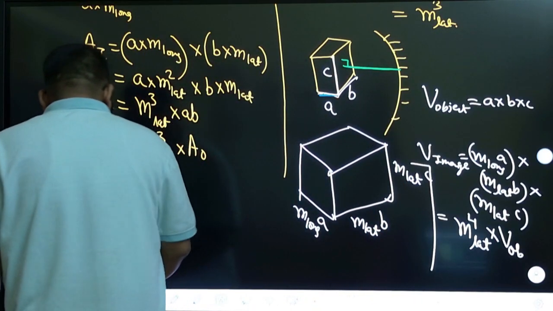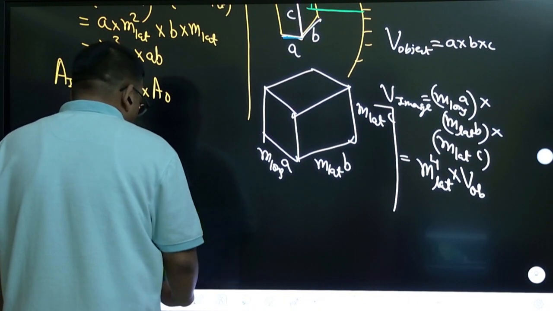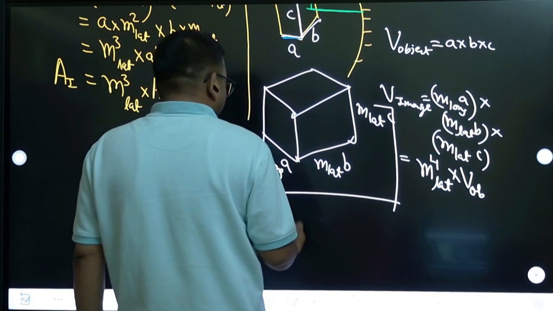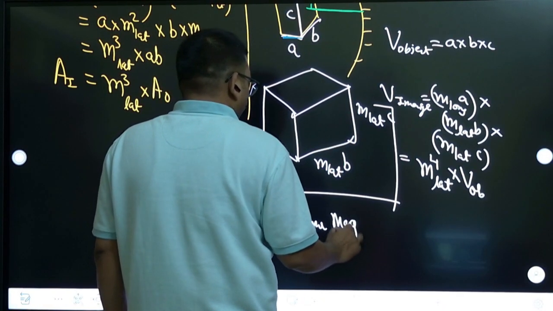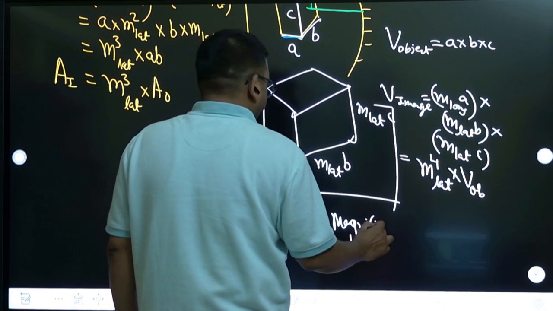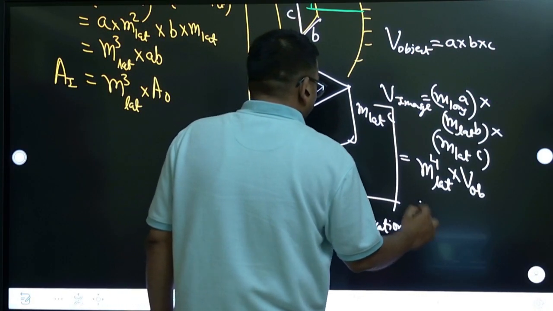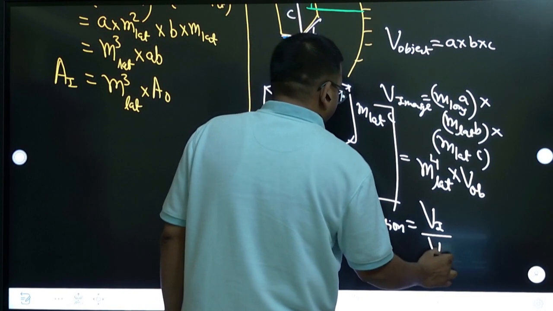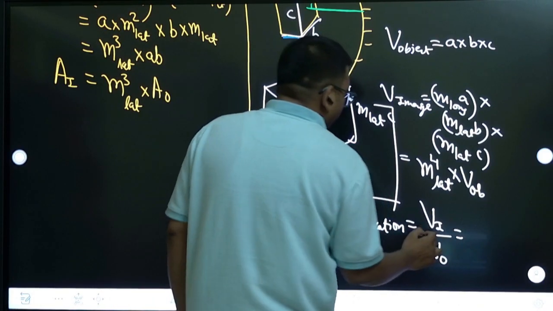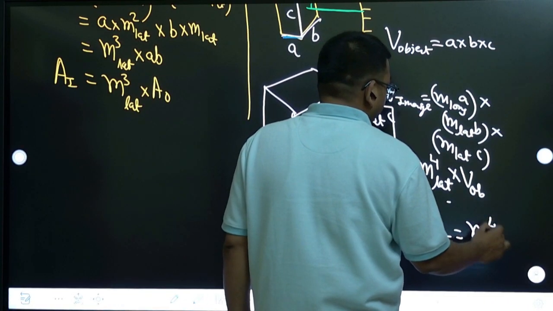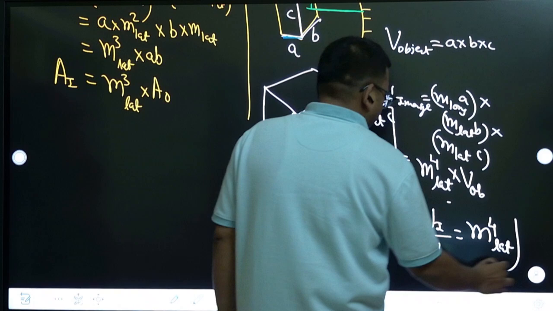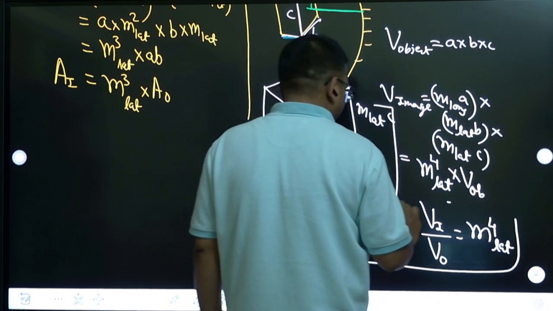So here if you want to calculate volume magnification, volume magnification is equal to volume of image by volume of object. So here volume of image is m4 times, so this is m4 lateral. Okay, so that's what it is, volume magnification.